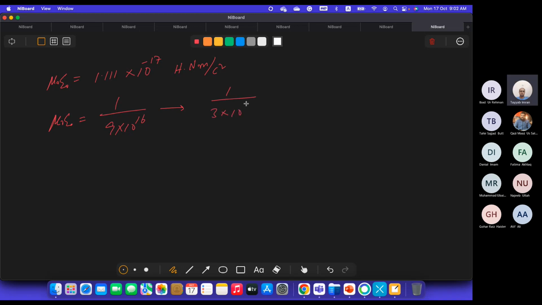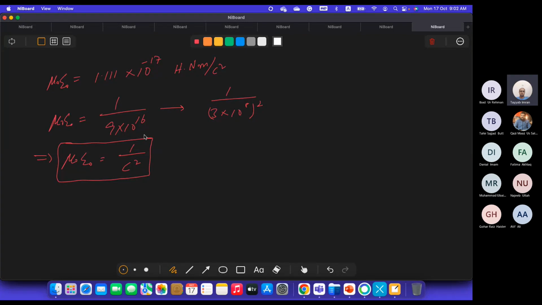So it means that this value is equal to 1 over c square. And if we have 1 over c square here, the permeability times the permittivity of free space is equal to 1 over c square.